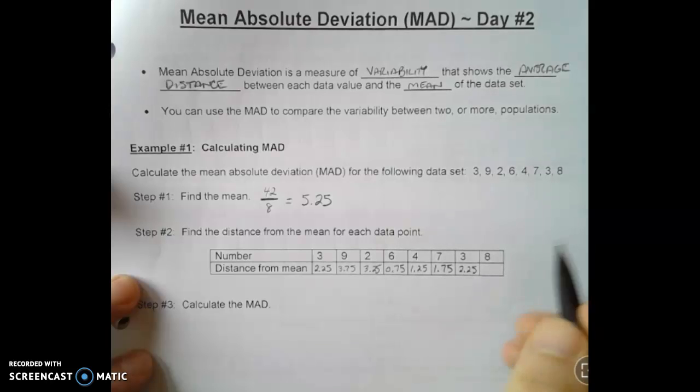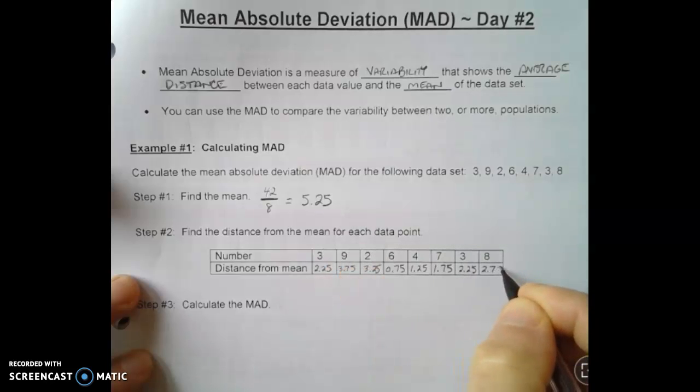And finally, 8 minus 5 and 25 hundredths is 2 and 75 hundredths.